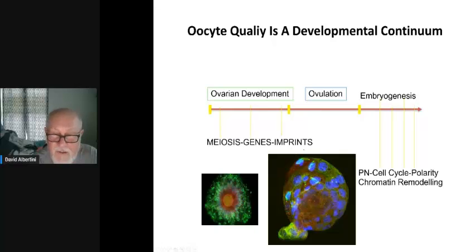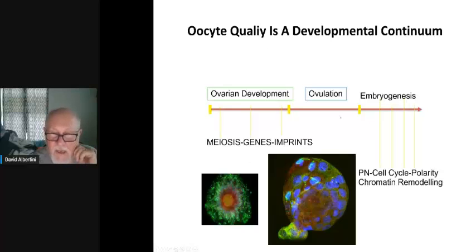There are very significant changes in the imprint marks within the female or maternal genome over this course of time. And as we mentioned, it takes on the order of 100 days to sustain all of these processes, including the acquisition of the ability to complete meiosis and produce an embryo.